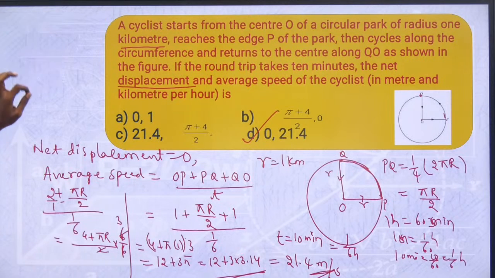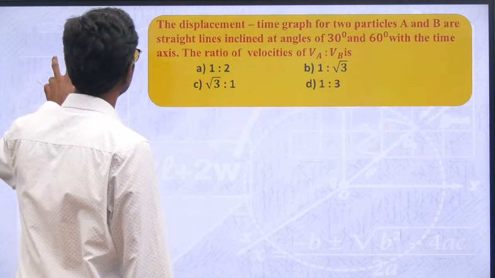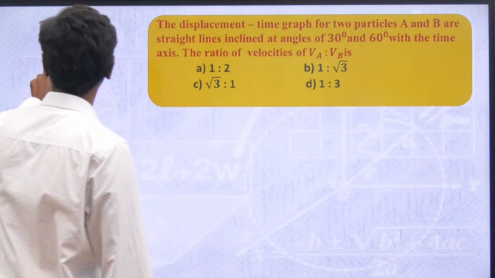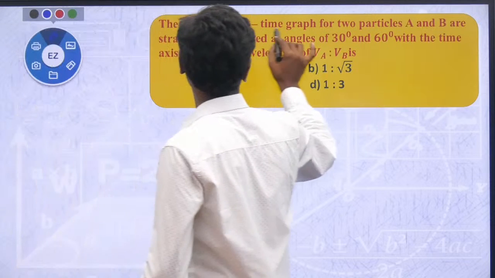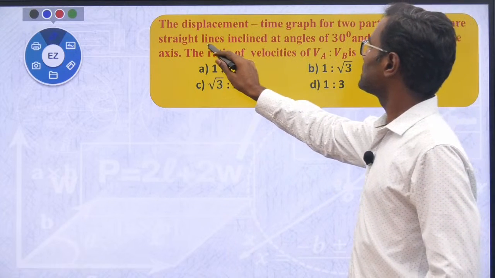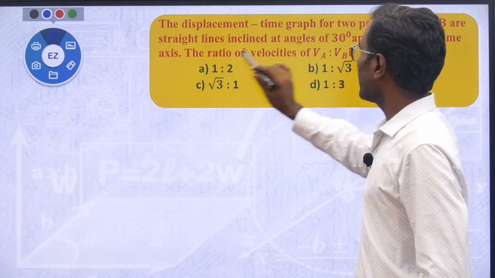I will go with the next slide. Yeah, what is the question, beta? The displacement time graph for two particles A and B are straight lines inclined at an angle of 30 degrees and 60 degrees with the time axis.